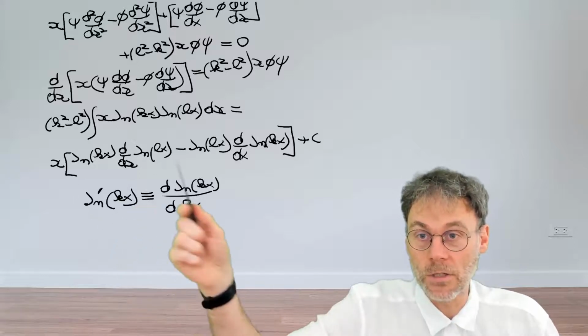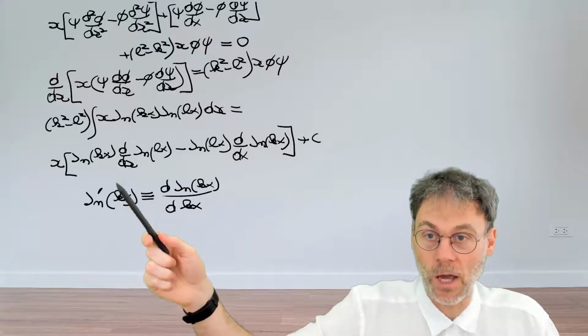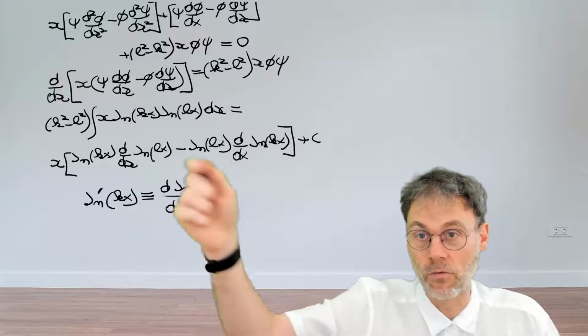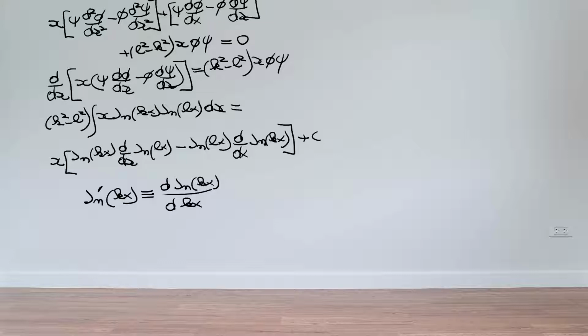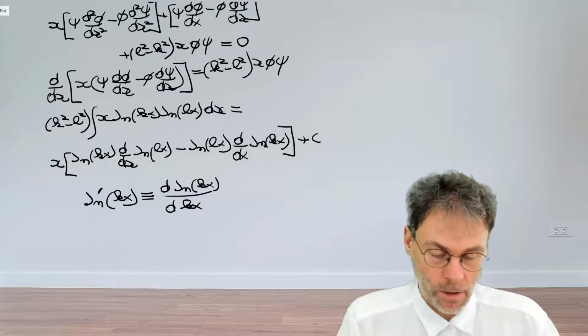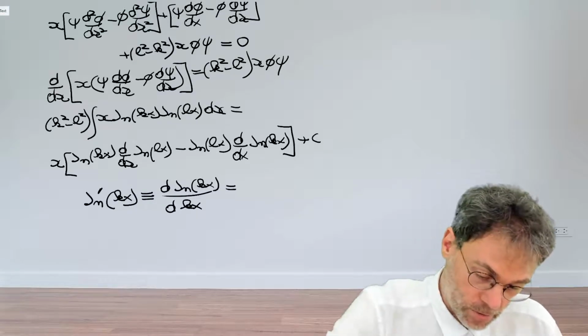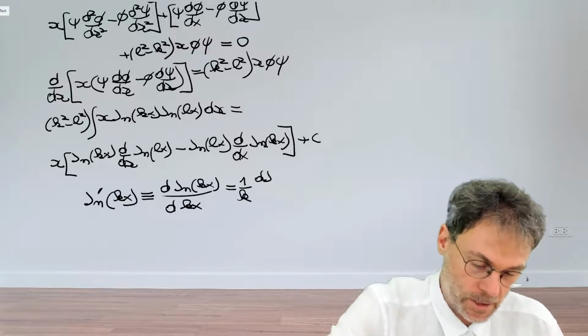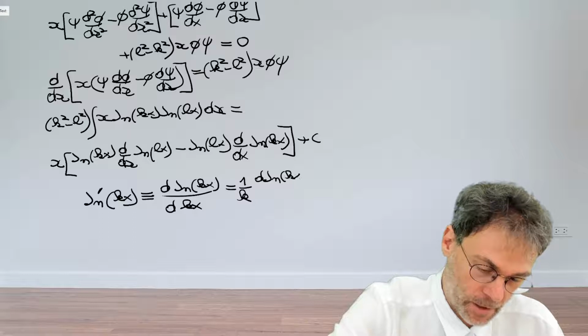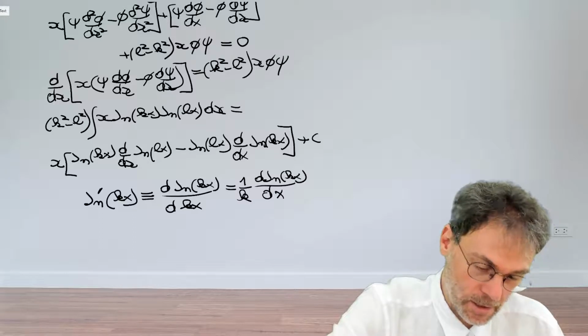So if we use this definition of J_n prime of kx, pause the video and rewrite this using that particular notation. So just using the chain rule here, you can write down that this is 1 over k dJ_n(kx)/dx.